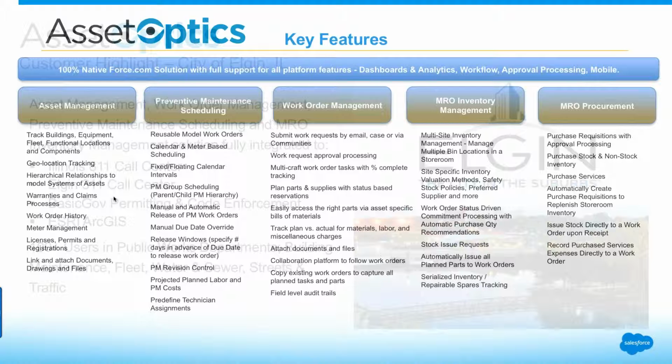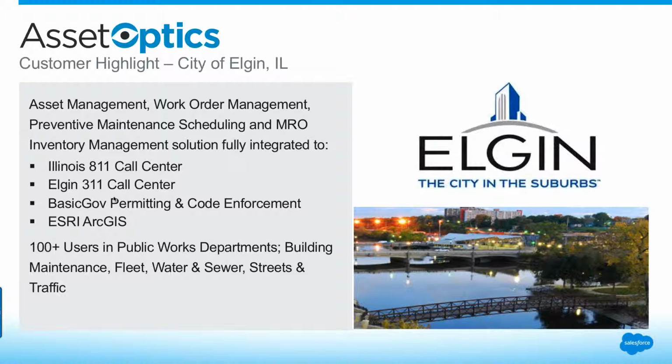We purchase stock, non-stock inventory, and services-based purchasing, and you also have the ability on a purchase order, upon receipt of an item, to directly issue it to the planned work order and bypass the stocking process and pass those dedicated purchases right onto the work order and kit it for future pickup. Same thing goes with any purchased services.